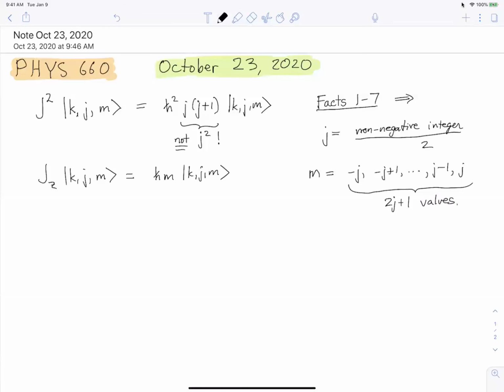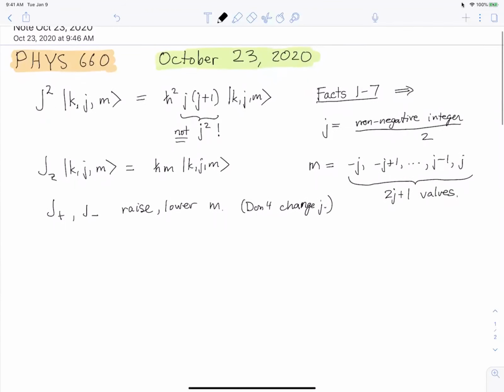For each j. Okay, and then we had these other operators, J plus and J minus, which raise and lower the value of m without changing j. And in fact, last time we worked out more specifically what they do, in terms of what the numerical factors are.